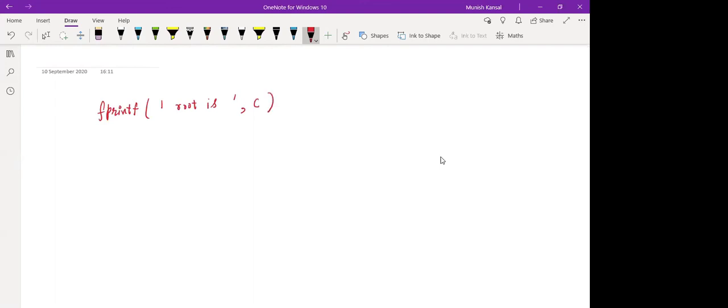Now there are various options in fprintf command. One of the options I use frequently is %f. So this is for floating, basically, right? Whenever you have a real number, we have floating point representations of real numbers, like 0.0234.